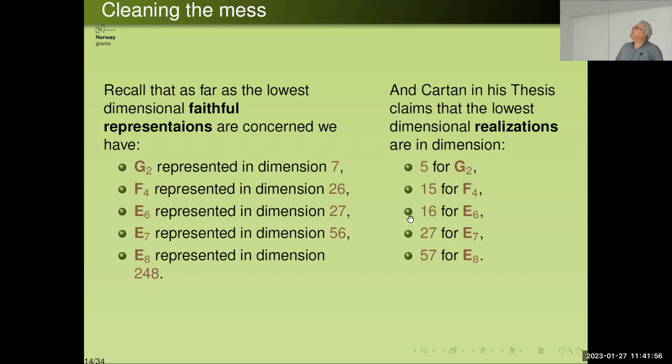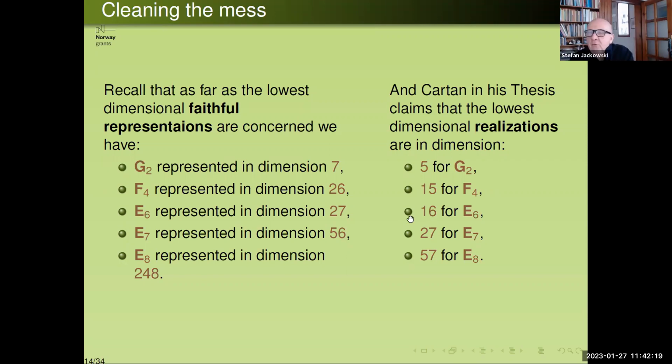Yes. Because I somehow feel confused, for some time. Well, I understand what a faithful representation is, but I understood that you were saying realization is just a transitive action. And a transitive action of the lowest dimension is just on one point. So it's 0. So what do you... No. I want to ask about the isotropy group?